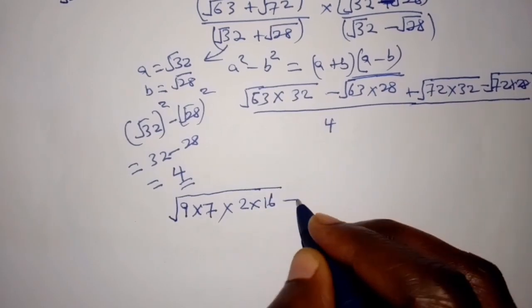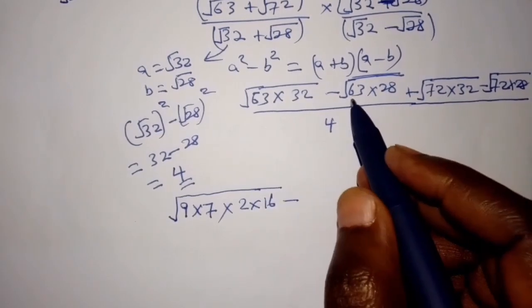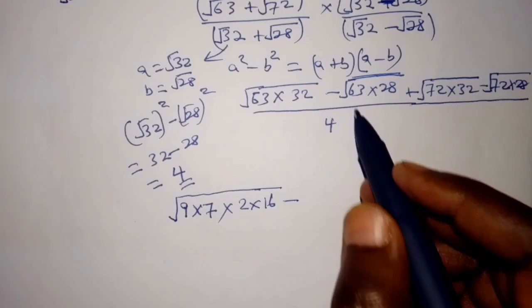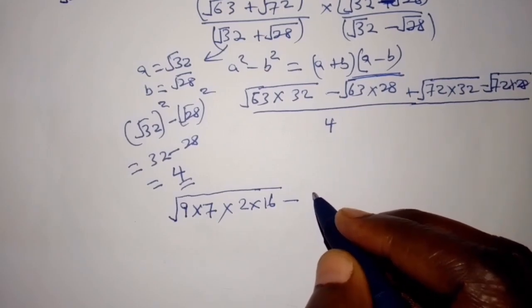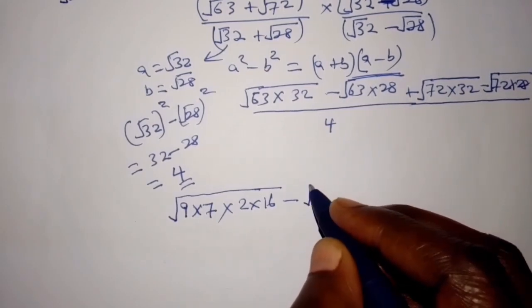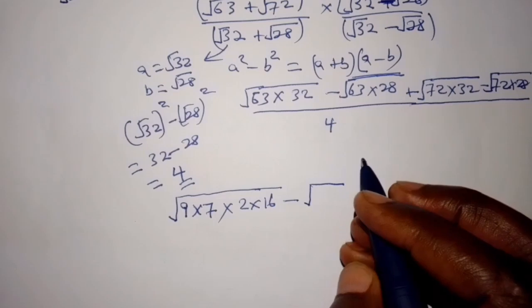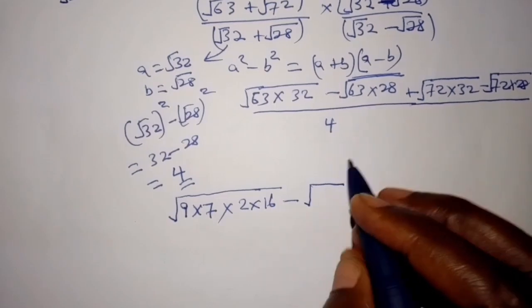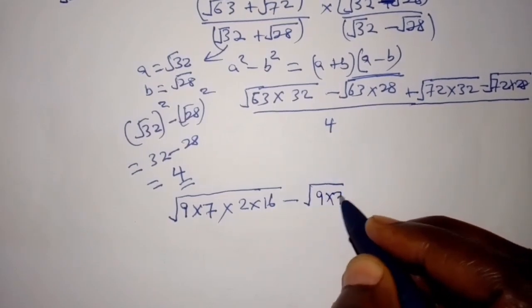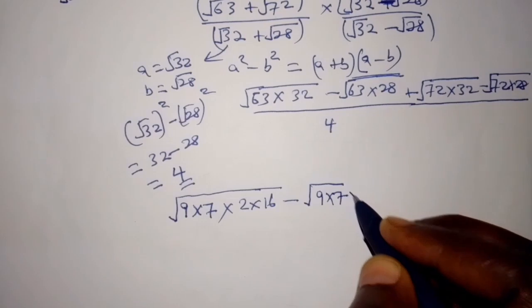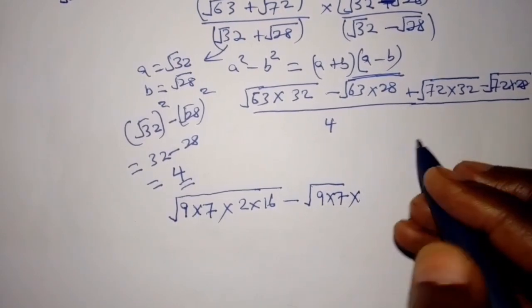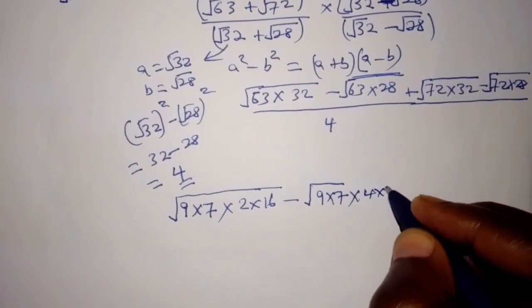Minus the factors of 63: 63 is 9 times 7. 28 is 4 times 7.